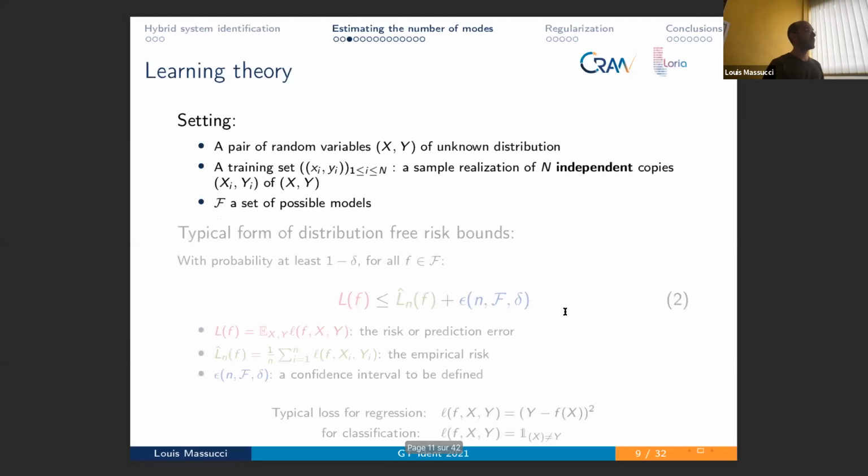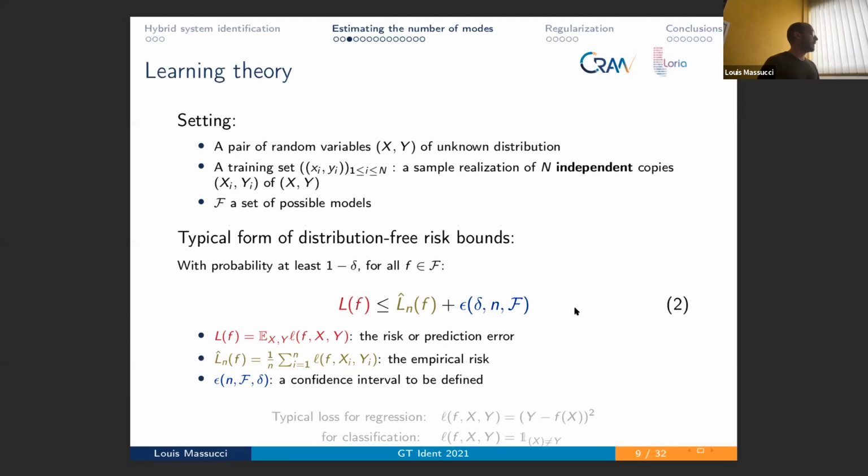Before giving more details about the method itself, I need to put some basics of learning theory. Here's the setting. We work with a pair of random variables, x, y, of unknown distribution, and with the corresponding training set. And we work with a set F of possible submodels. According to that, we obtain a typical form of distribution-free risk bounds.